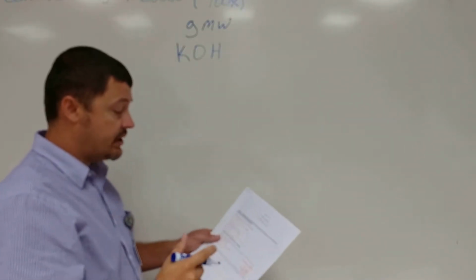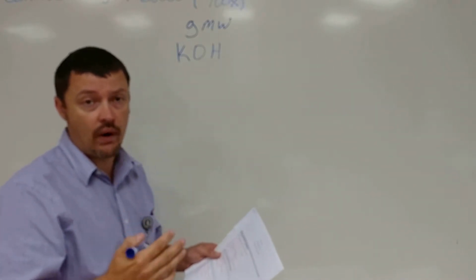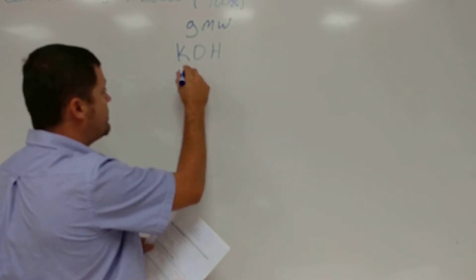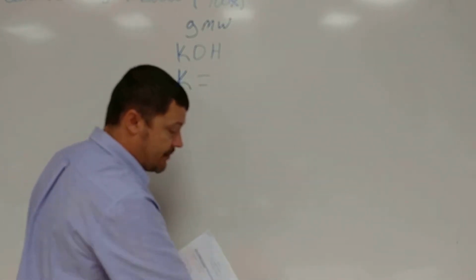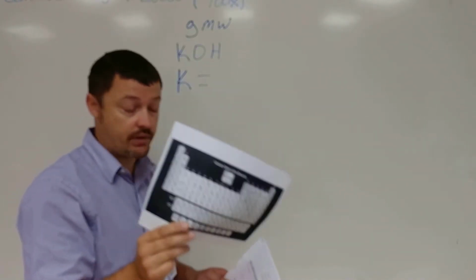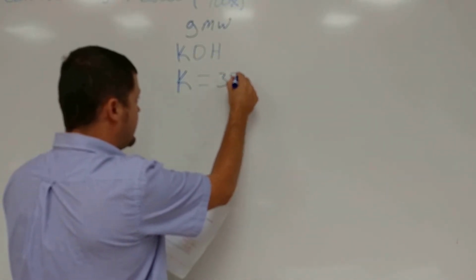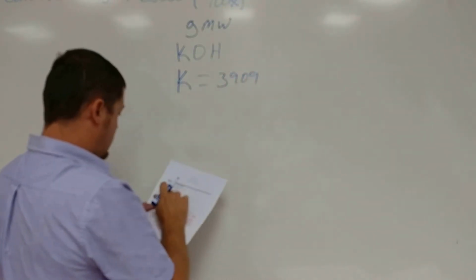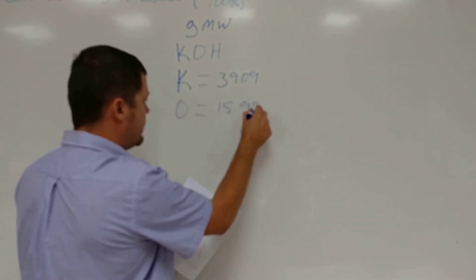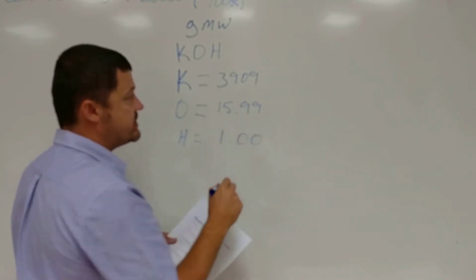So essentially, we're just going to add up all of the elemental atomic weights. In this chemical here, we've got potassium, which has an atomic weight, and you can print off the periodic table there on module 2 to help you with this, of 39.09, oxygen, atomic weight of 15.99, and then hydrogen, atomic weight of, we'll just do 1.00, okay?